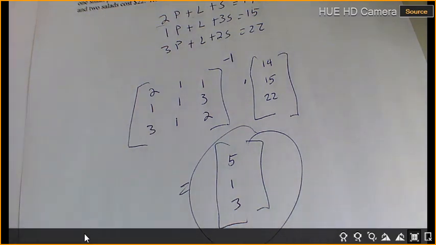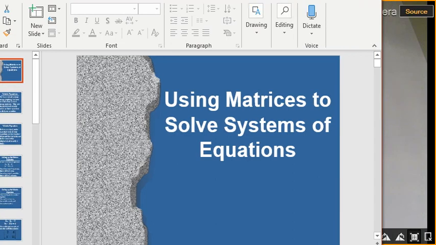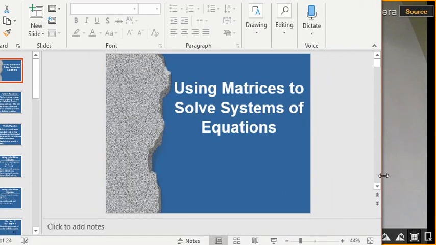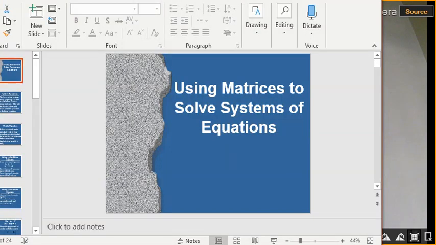So now, I need you guys to pull out your notebooks. I'm going to go over a few notes on matrices. So we're going to do a few notes right here on matrices. Okay.